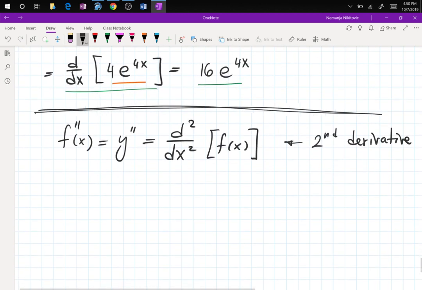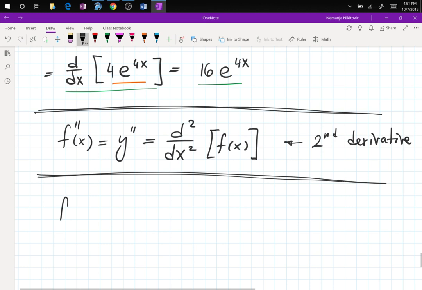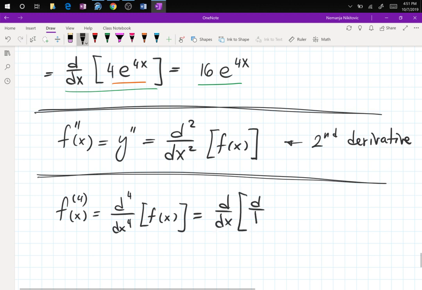For higher order, you keep stacking. So what is the fourth derivative in terms of Leibniz notation? It's going to be d to the 4 over dx to the 4 of a function f of x. And if you really want to write out the string, you can. d dx, another d dx, another d dx, and another d dx.